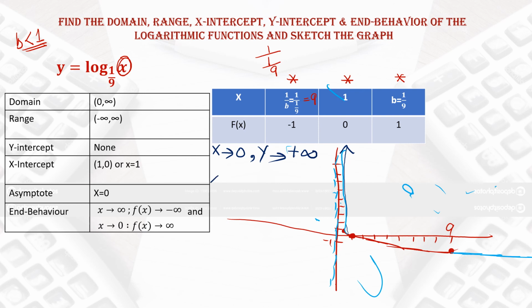On the left-hand side there is no graph, so you have to see x approaches positive infinity. And where have you seen the y? The y is decreasing, because y is below the x-axis. So here it is decreasing: negative 1, negative 2, negative 3, and so on. So y approaches negative infinity.